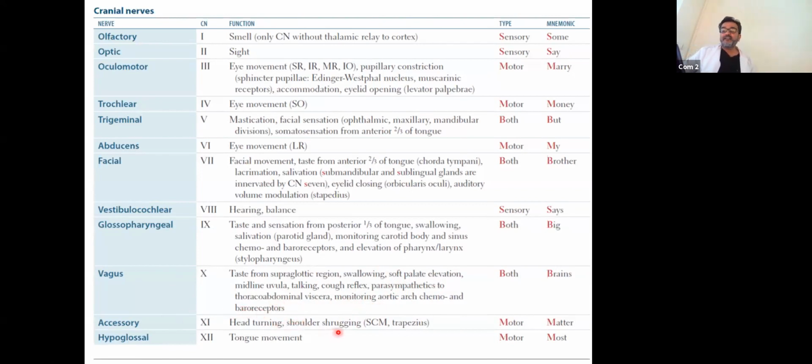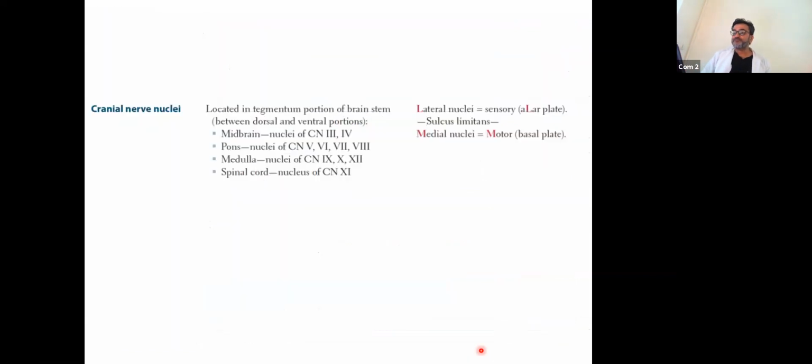Accessory is necessary for head turning because it supplies the sternocleidomastoid, and shoulder shrugging because it supplies the trapezius. Hypoglossal is for the movement of the tongue. So these are the cranial nerves and roughly their functions.